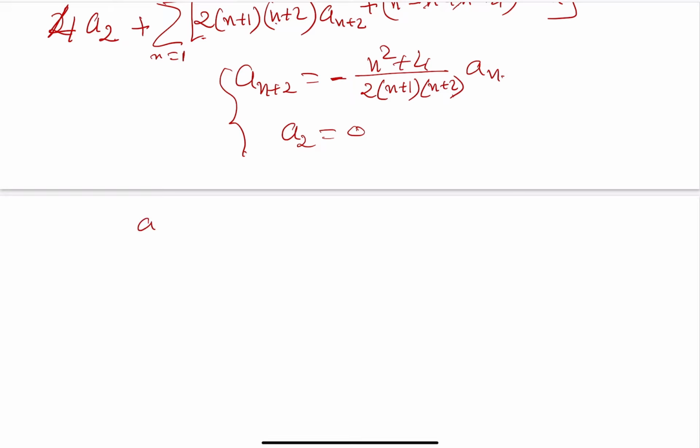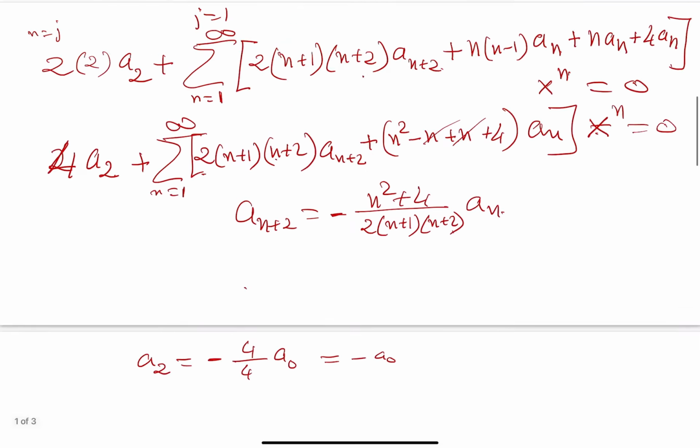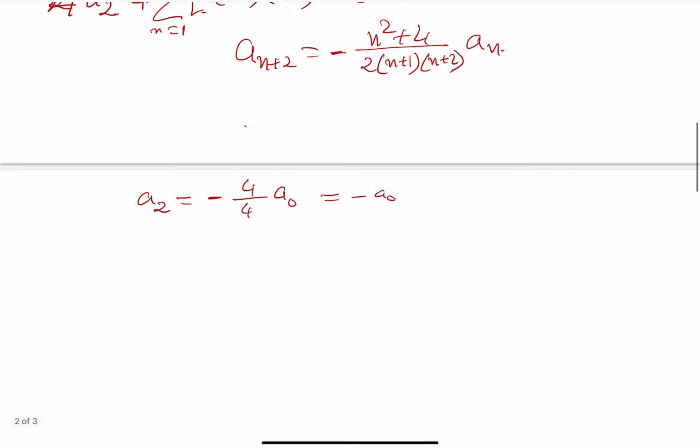But this one cannot be, because if n is equal to 0, we have a2 equal to negative 4 divided by 4, a0, which is negative a0, which is the true one. We cannot get this one equal to 0. You have to set only this one equal to 0. Why? Because you can have negative 4a2 here. That's why it cannot be true.